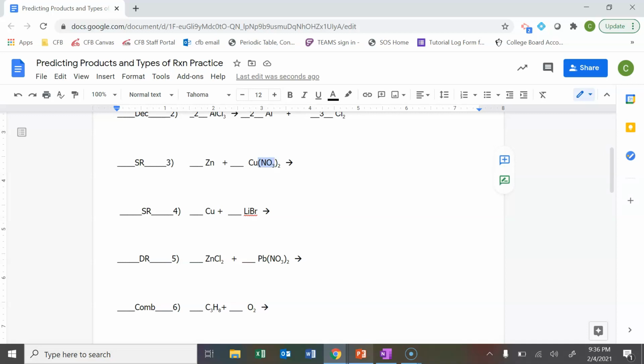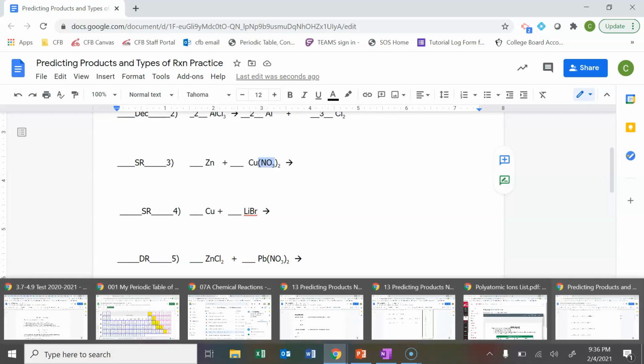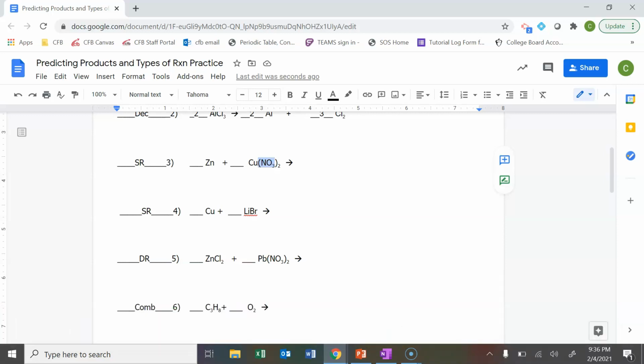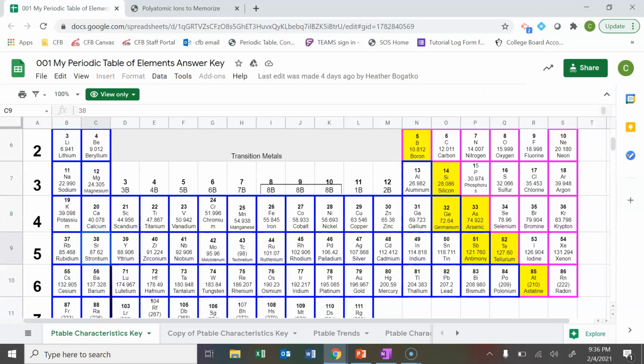We need to know the charges, and we need to know if they're diatomic. So check if copper is diatomic, and check what the charge of zinc is. Copper is not diatomic. Zinc is right here. It's one of those three, +1, +2, +3. So it's a +2 charge. Remember those 3 elements we memorized?